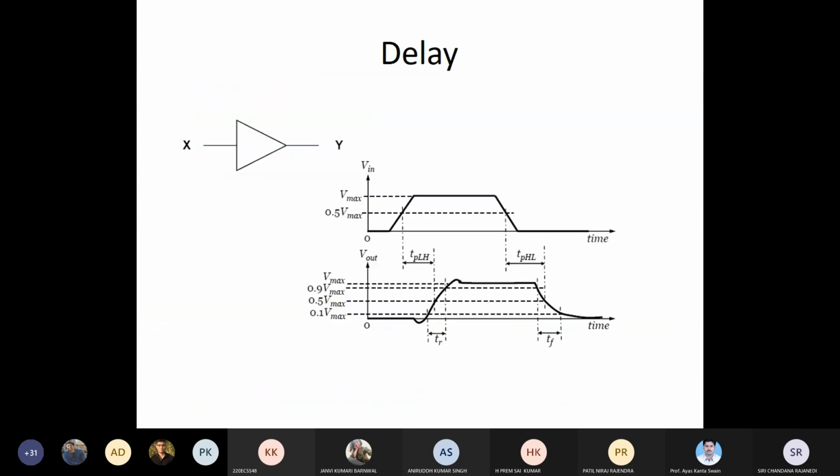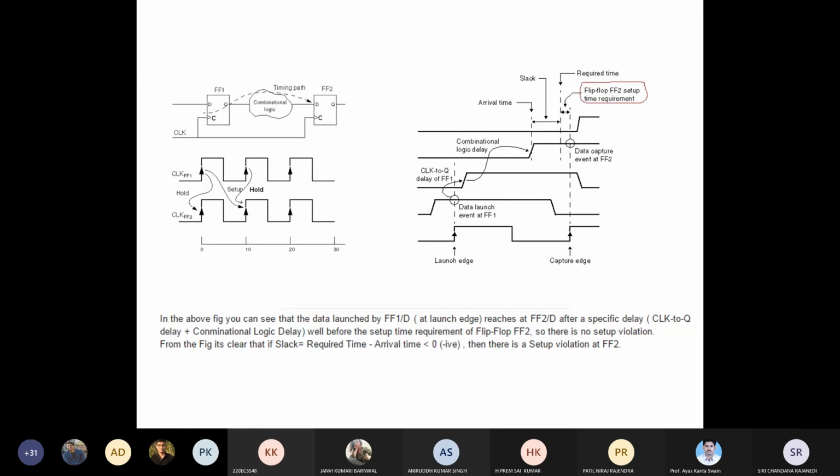If this is a combinational design like a buffer, your data travels from input to output, from X to Y, and whatever delay is incurred is your propagation delay. But in the case of a flip-flop, you can see there are two paths. One is the data present at D, which wants to go from D to Q. There is certain time required for that. At the same time, it should launch or it should be done.